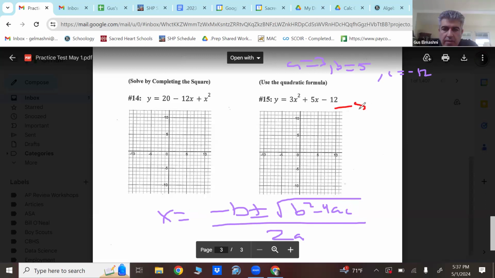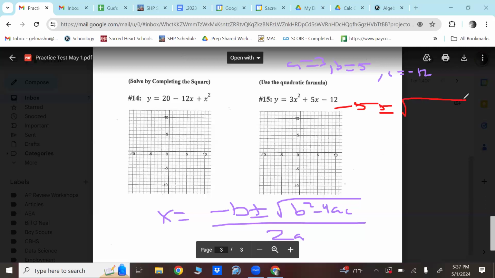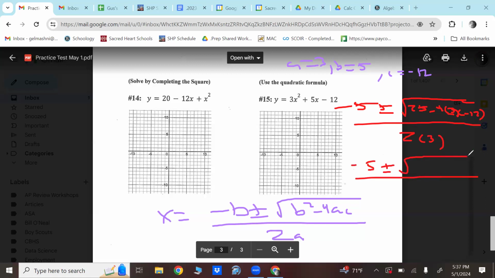So it's -5 plus or minus square root. We have 169.